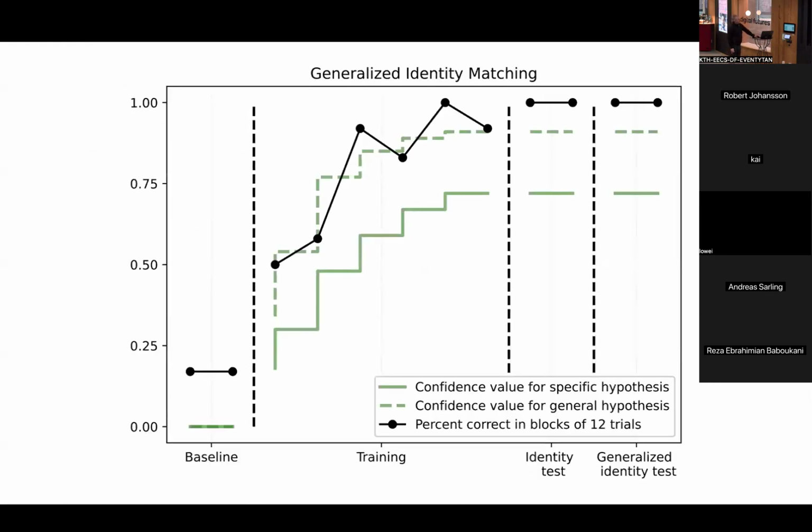So the results can be described like this: the confidence value of the general hypothesis goes up even quicker, and that's what the system uses in the final test.